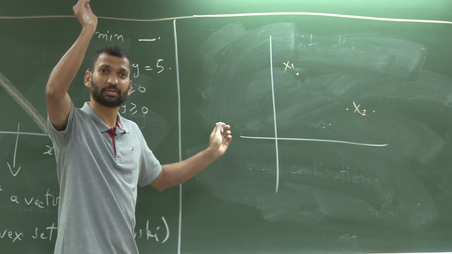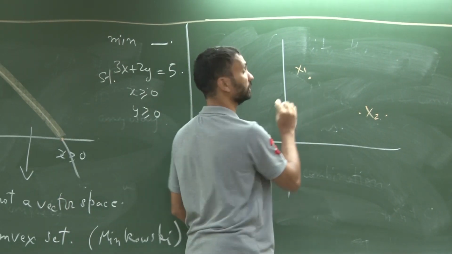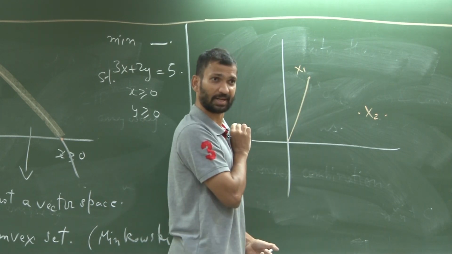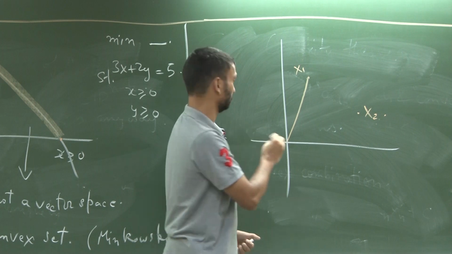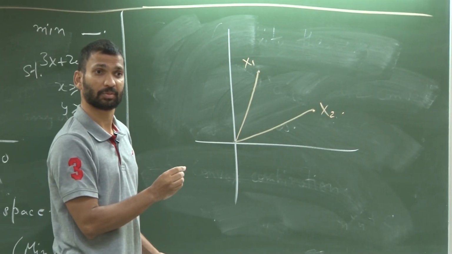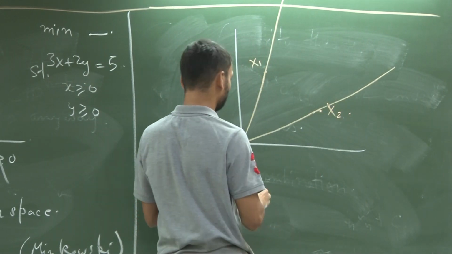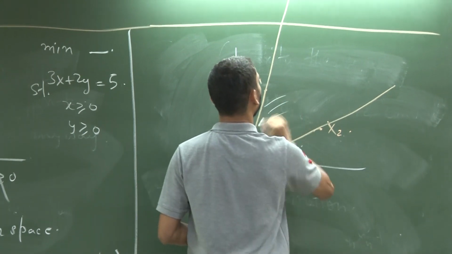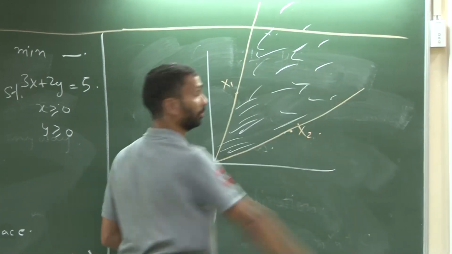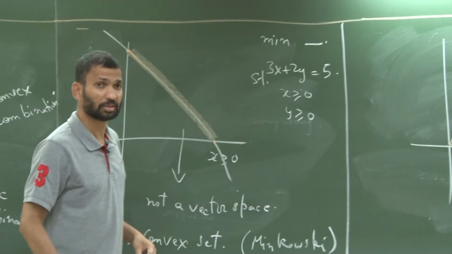What will be that set? You can tell me. Definitely this point is going to be there. This entire line is going to be there. You can convince yourself of that, okay? You can look at this.